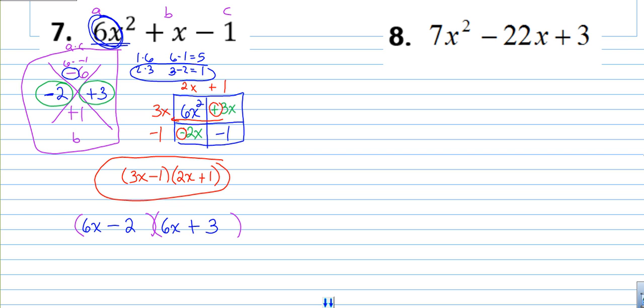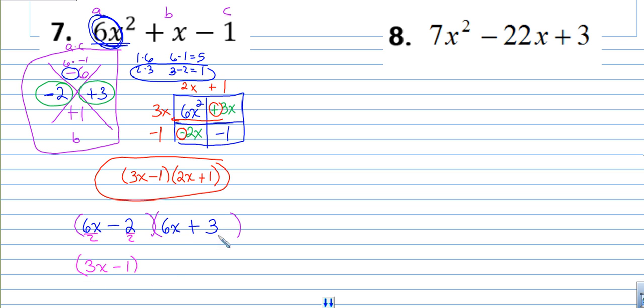Then to finish it off, you'll take out a GCF from each of these, if there is one. So is there a number that will go into both 2 and go into 6? Yeah, 2. So basically you'll divide them both by 2, and you'll get 3x, and then 2 divided by 2 is negative 1.